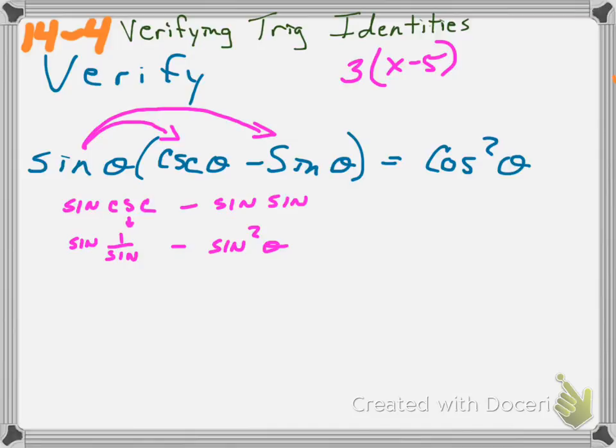Then sine times 1 over sine is 1. So at this point, I'm sitting at 1 minus sine squared, and that has to equal cosine squared, which looks good to me because I've seen something like that before.